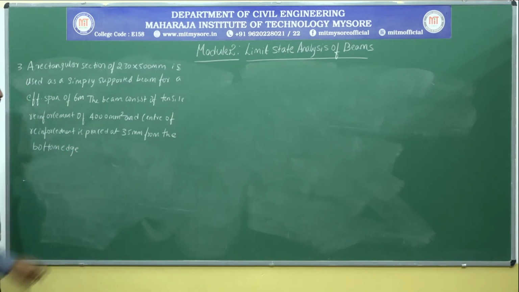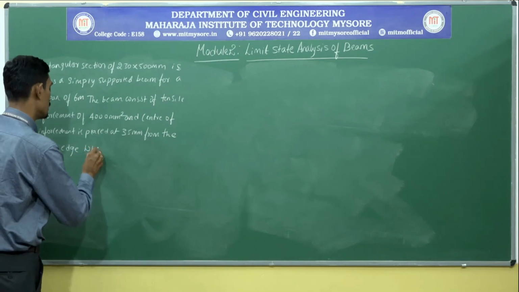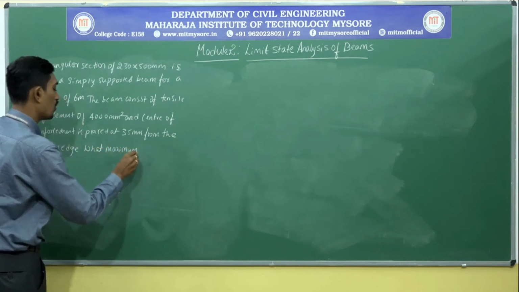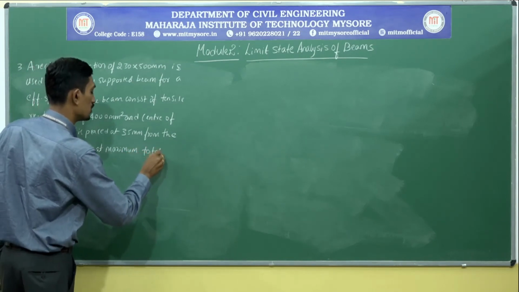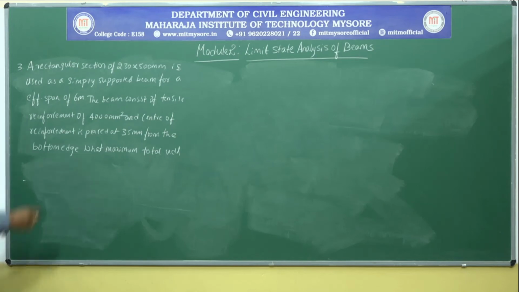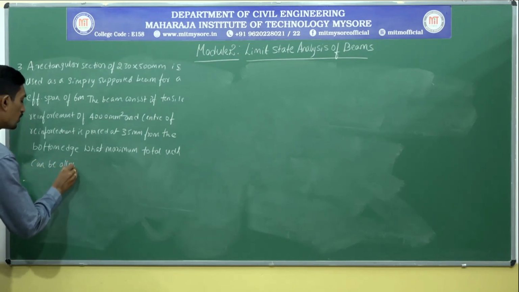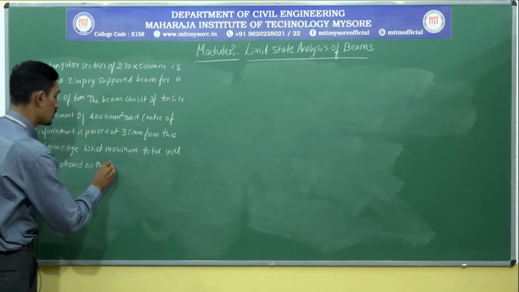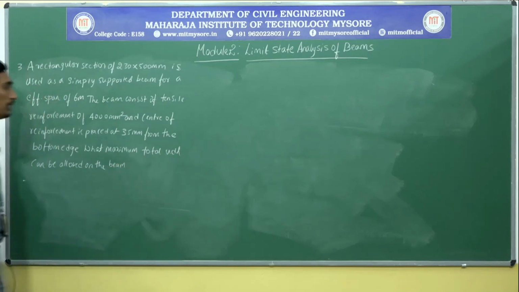What maximum total UDL can be allowed on the beam? Okay, is it clear? So this is the problem.